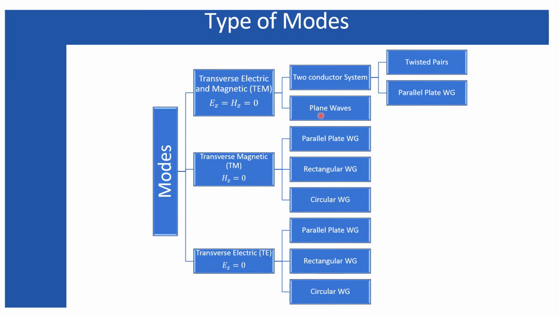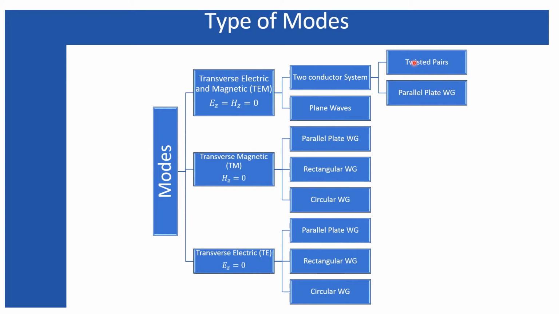Later in this lecture, we will see why the TEM mode can be present in a medium consisting of two conductors separated by a dielectric medium, and show that in two-conductor systems such as the twisted pair and the parallel plate waveguide, the TEM mode can be present.